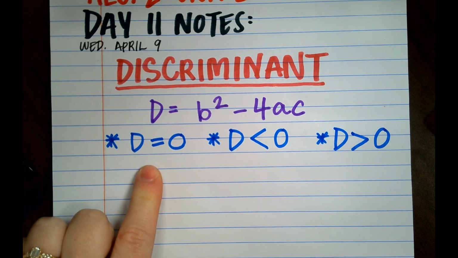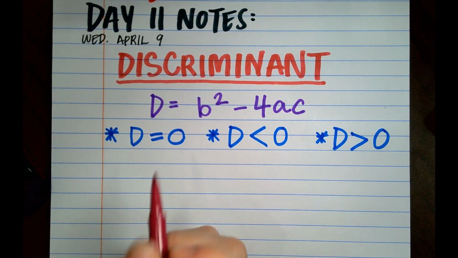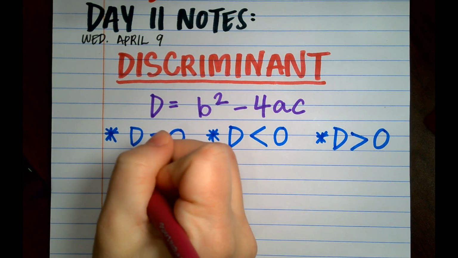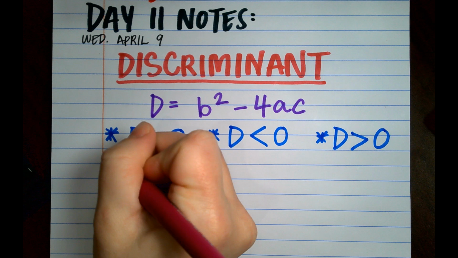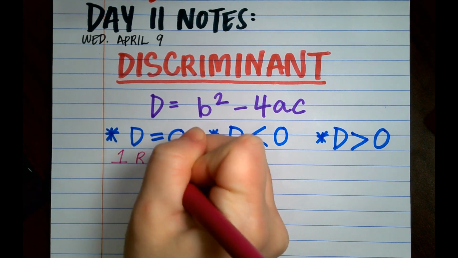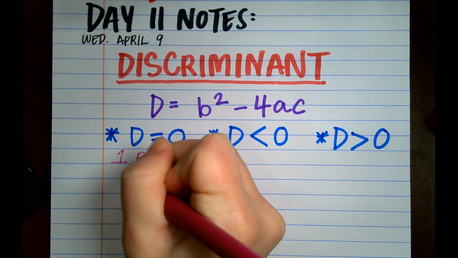If the discriminant is 0, this will tell us that there is one answer for x in the equation. So underneath D equals 0, we're going to write one real solution.